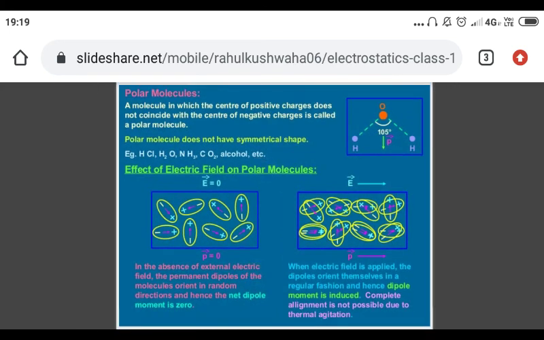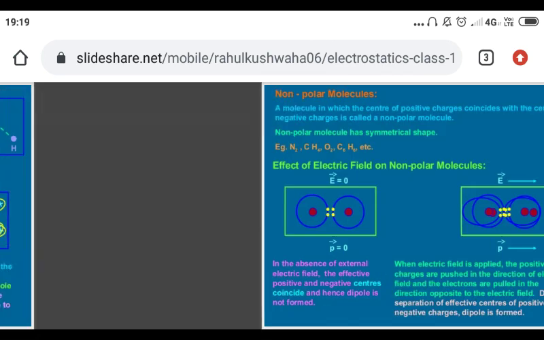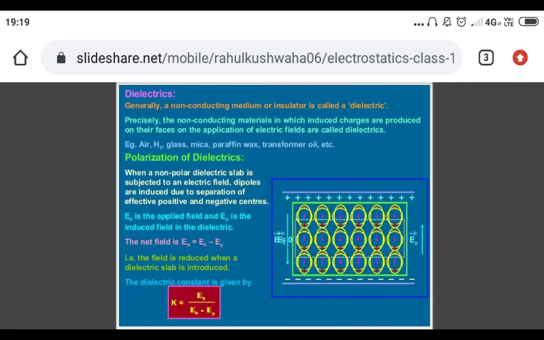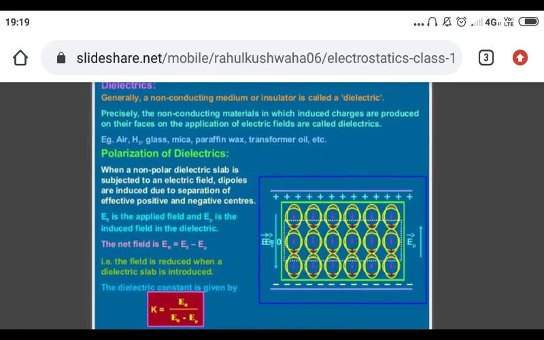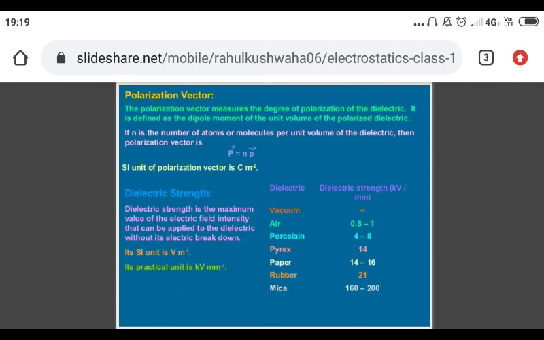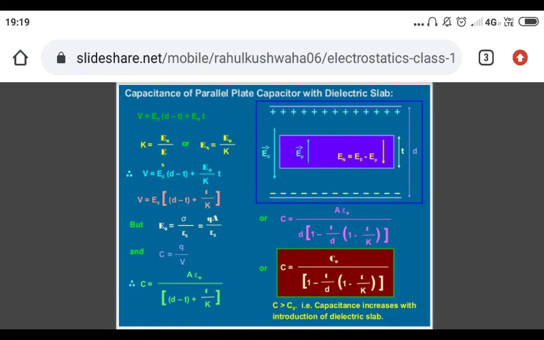You can see the differentiation between non-polar molecules and polar molecules pictorially, very clearly. Then the polarization vector, and the capacitance of a parallel plate capacitor with a dielectric slab.